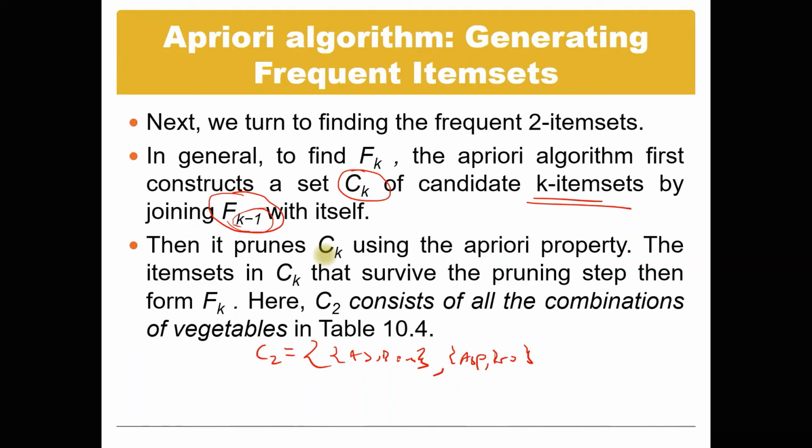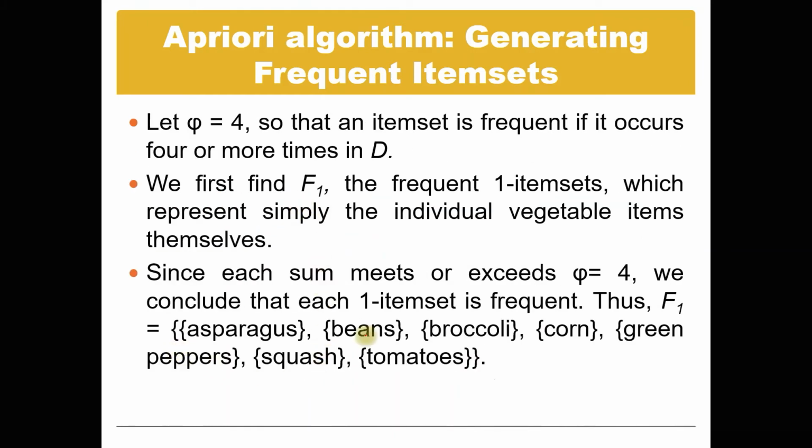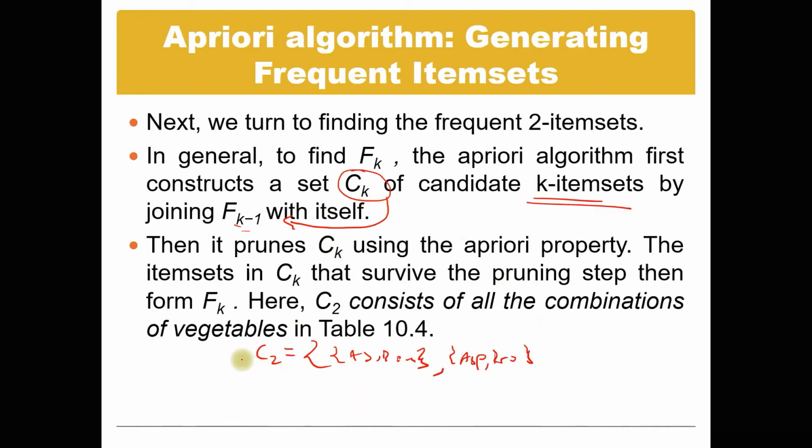Now, but to be able to do that, remember that it has to join the frequent item set, because for us, each of them was frequent here. This is our F1. F1 is about all the 7. If one of it was not there, let's suppose bean was not there, you would not have taken bean. If bean was not part of F1, bean would not have been part of C2. All right. So in other words, you have to be careful.